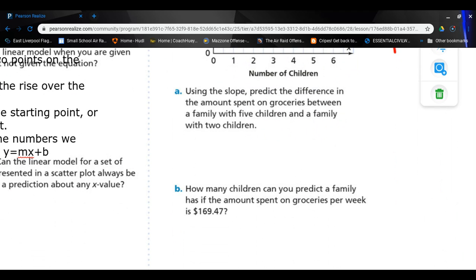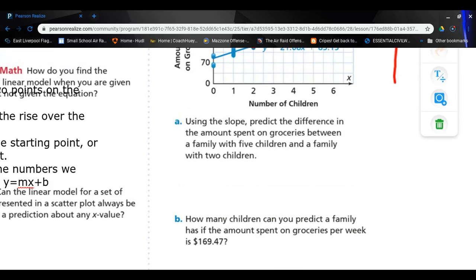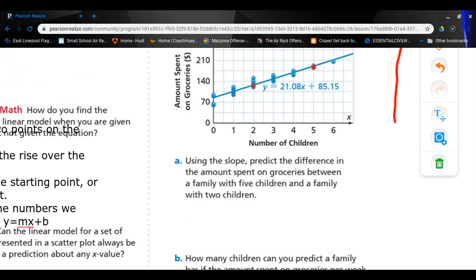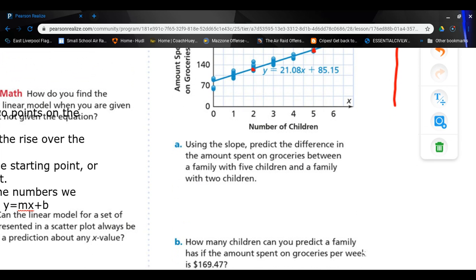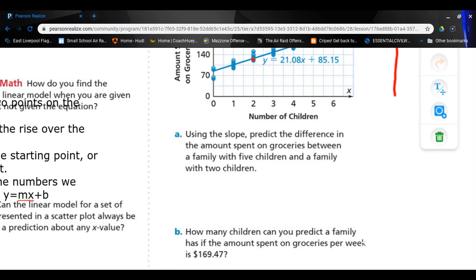All right, so part B, how many children can you predict a family has if the amount spent on groceries per week is $169.47? Okay, on this one, we've got to use the equation because it's giving us a very specific amount here. We can do some math here.